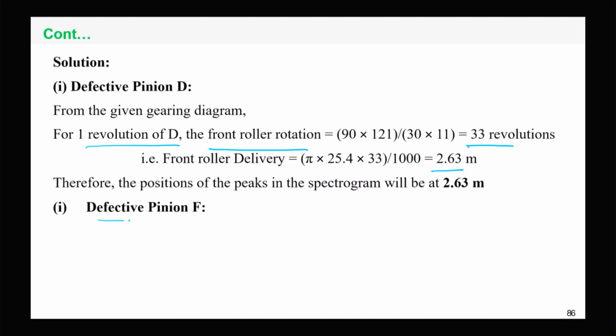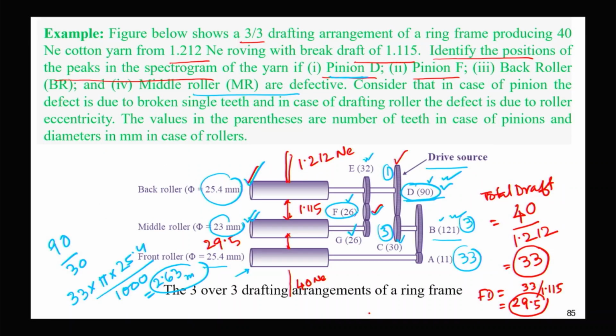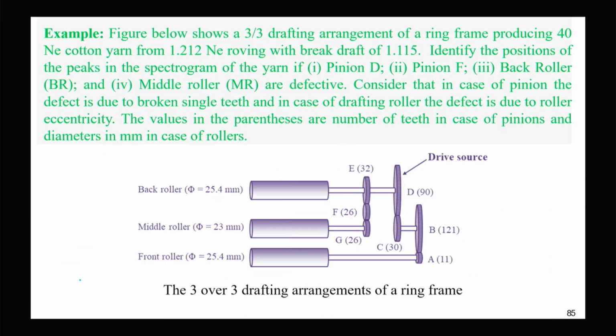Now defective pinion F. Let us go back to that diagram. F is defective, and the rest of the rollers are perfect. In this type of numerical, we must see the flow of motion.